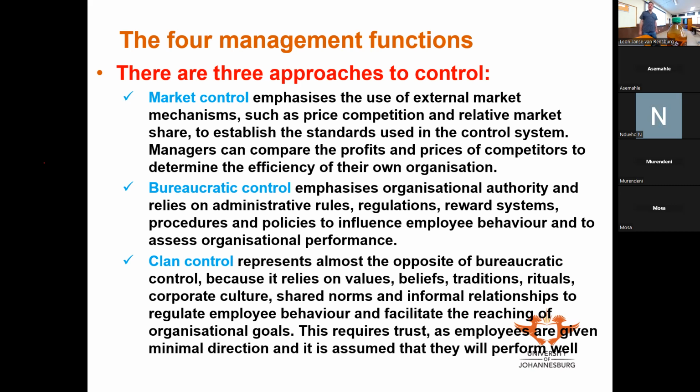Clan control represents almost the opposite of bureaucratic control, because it relies on values, beliefs, traditions, rituals, corporate culture, shared norms, and informal relationships to regulate employee behavior and facilitate the reaching of organizational goals. You use leadership here as well to get that to work.